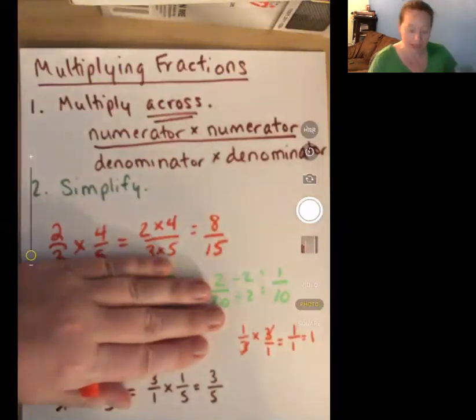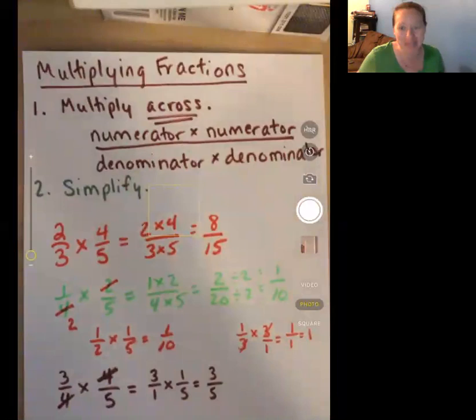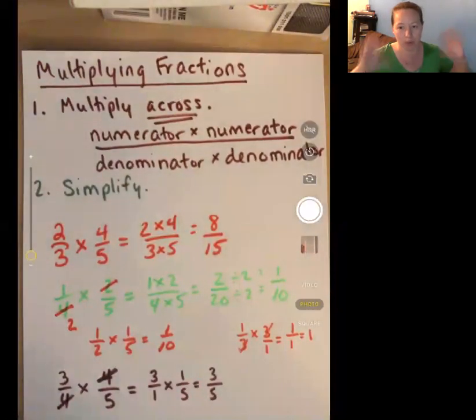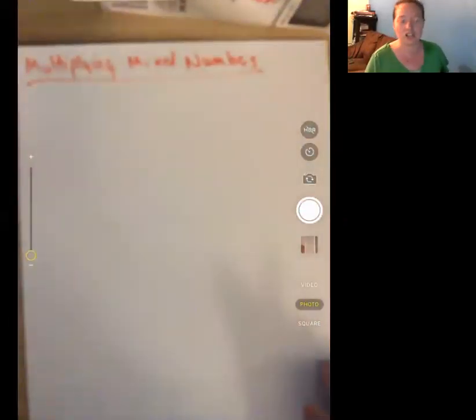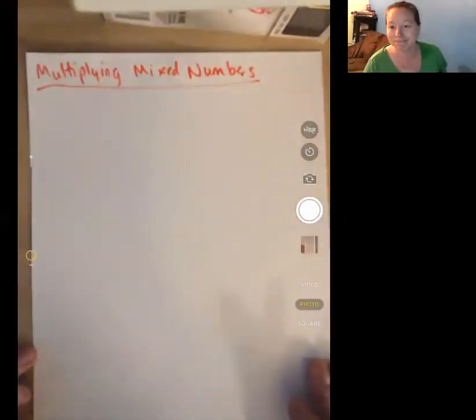All right? Now let's talk about what happens when you have a mixed number. This one gets a little more hairy, a little more complicated. So, multiply mixed numbers. First off, you cannot actually multiply a mixed number. That's the first thing that you need to know.